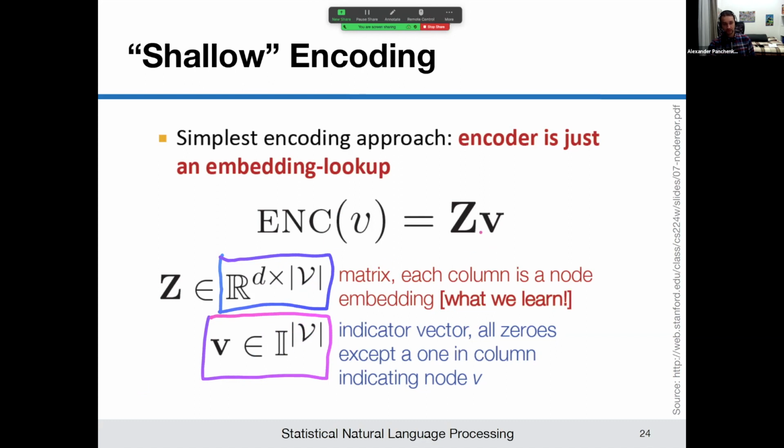By performing a matrix product with this vector, you can trivially retrieve the embedding of a given node, as all other elements of the indicator vector are zero.